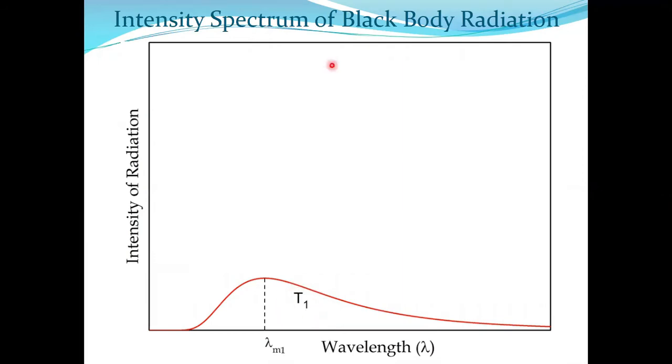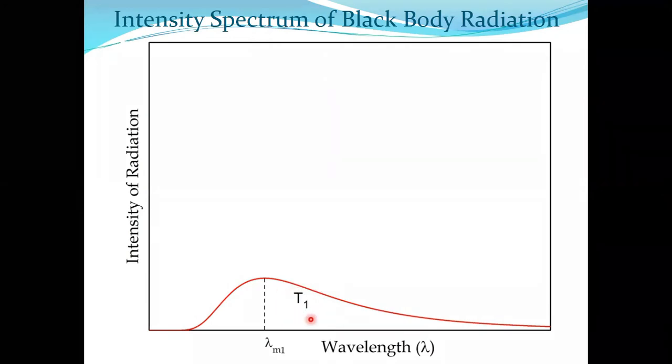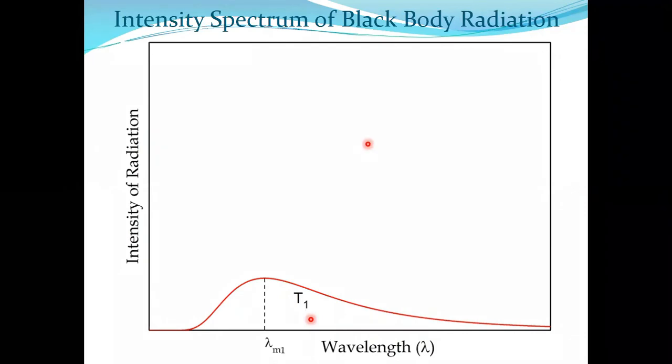That means the body is heated to this temperature T1. Say T1 is 1000 Kelvin. If you heat the body to 1000 Kelvin, then you measure the intensity of radiation coming out of the body at different wavelengths. Say at this wavelength, you measure the intensity and plot it here.